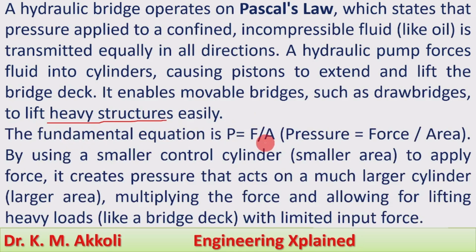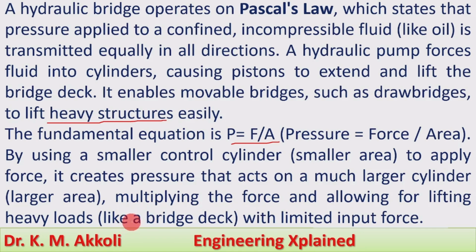The fundamental equation used in the hydraulic system is pressure equals force per area. By using a smaller control cylinder, with a smaller area to apply force, it creates pressure that acts on a much larger cylinder, with a larger area, multiplying the force and allowing for lifting heavy loads. The same principle is applicable for all hydraulic systems.